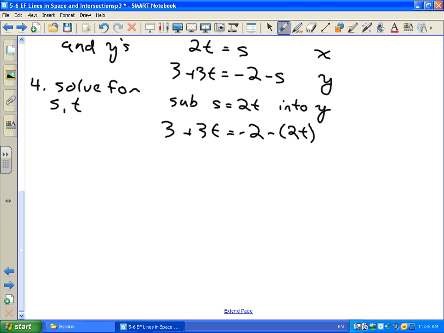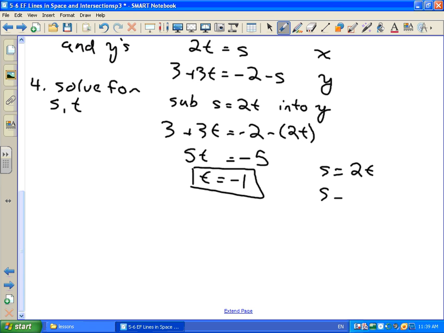I'm going to bring my 3 over to this side, negative 5. I get 5t equals negative 5. T equals negative 1. And then I can use my x equation to get a value for s. S equals 2t, so s is going to equal negative 2.